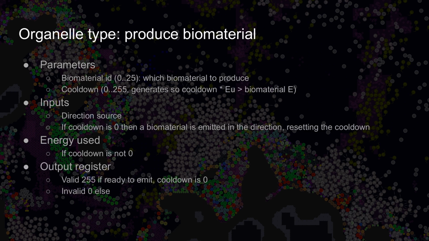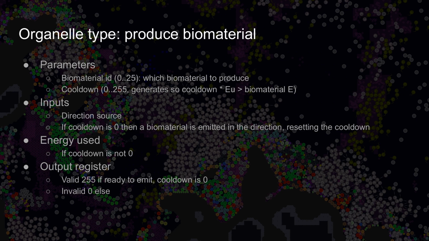The next type of organelle is produce biomaterial. It has two parameters. The first is the biomaterial ID, which identifies which of the 26 biomaterials will be produced. The second parameter is the cooldown, which describes how frequently the organelle can produce a biomaterial particle.